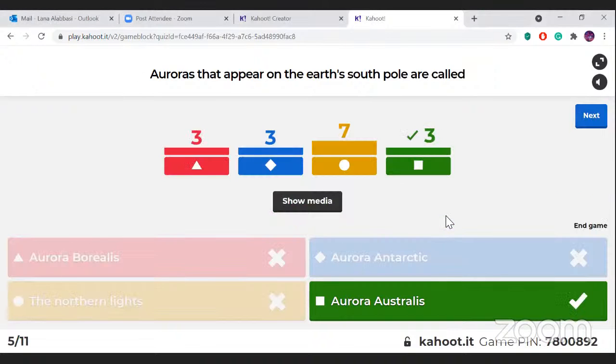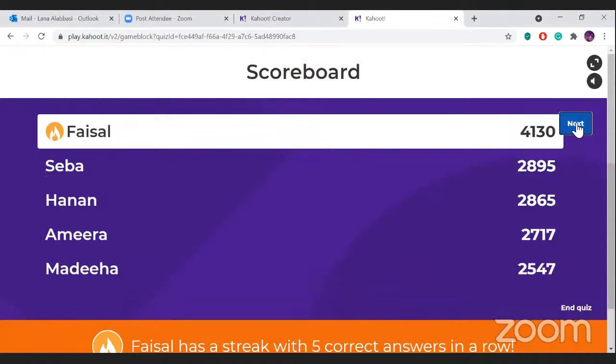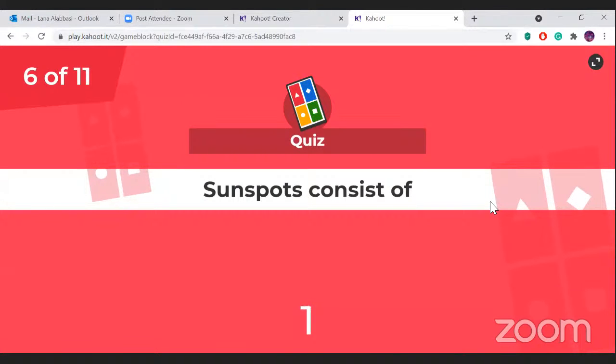So the correct answer is aurora australis. Well done. The next question.